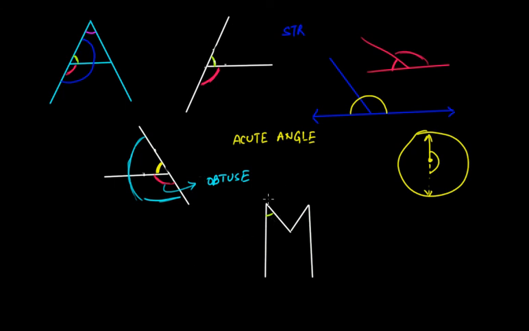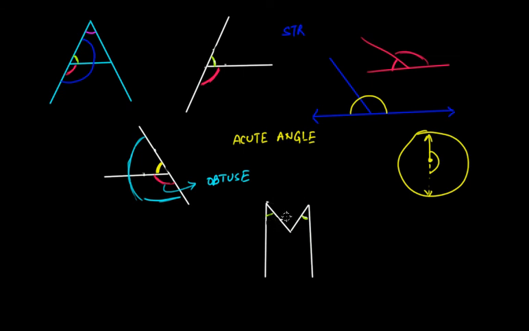Because if you make it a perfect L, then this would be 90 degrees, but this ray is actually oriented in this direction and it's making a lesser angle than 90 degrees. Therefore this is an acute angle. What about this? It's also an acute angle, similar to this one. So these two are acute angles.